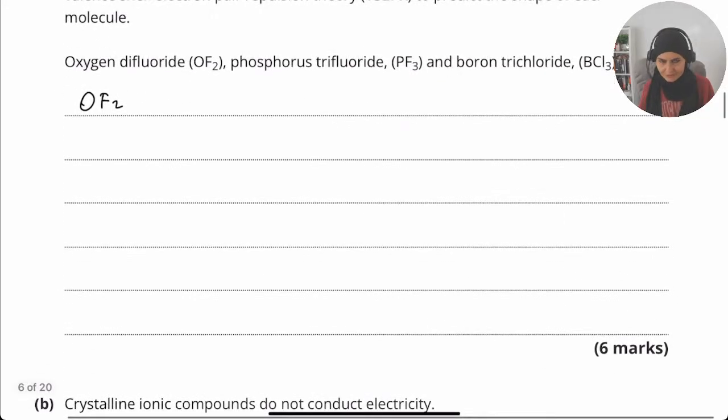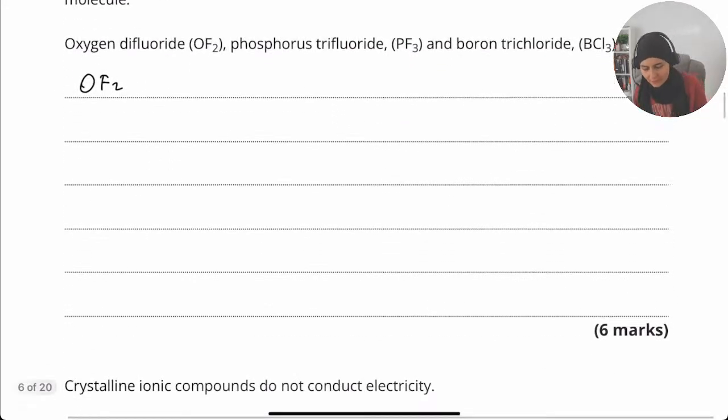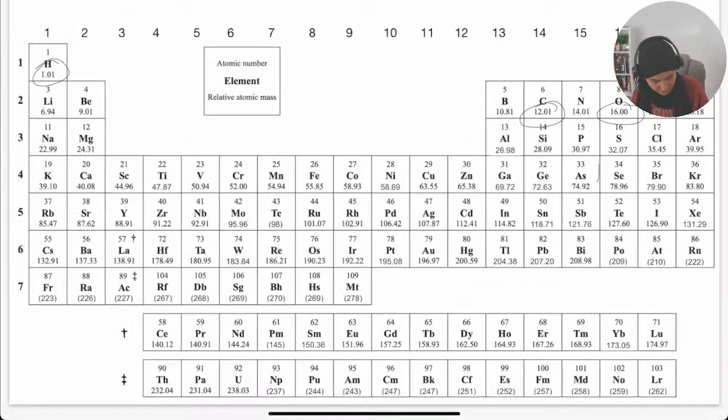Yes, okay, that works. Right, so OF2, we find the number of valence electrons in the entire molecule. Oxygen is in group 16, which means that it has 6 valence electrons. Fluorine is in group 17, which means that it has 7 valence electrons.